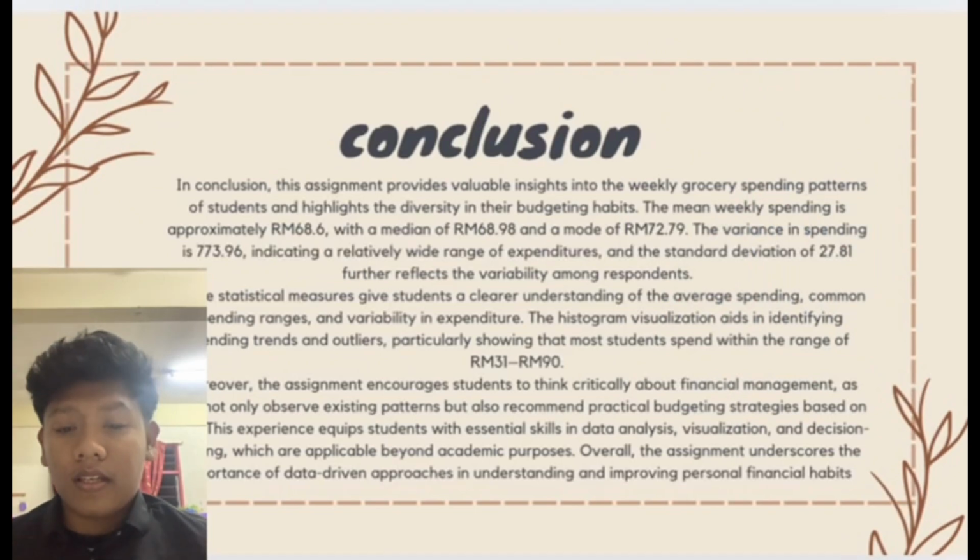For the conclusion, I can summarize the assignment on students' weekly grocery spending. The average spending is around 68 ringgit and 6 cents, the median is 68 ringgit and 98 cents, and the mode is 72 ringgit and 79 cents.